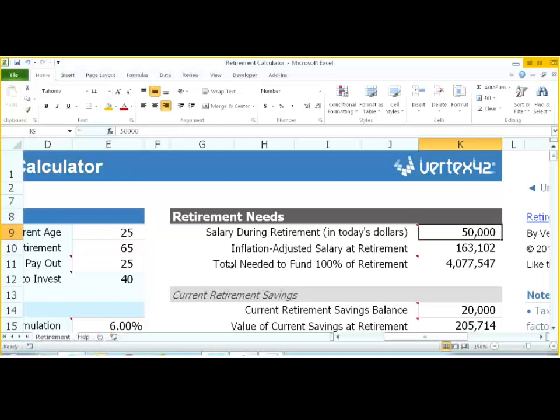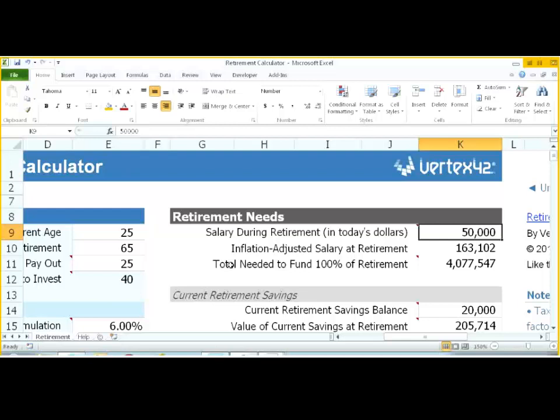Then you've got to figure out how much money you need to retire. Typically, on the safe side, if you earn the same amount in retirement as you do when you're working, you should think that should be enough.